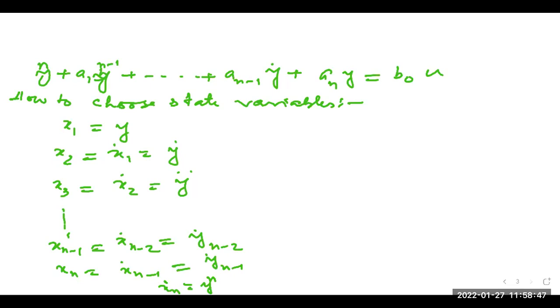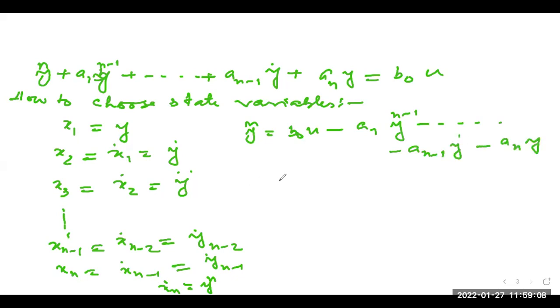Okay, so now what we'll do, this is yn. So yn equal to b0u minus a1 y to the power of n minus 1, minus all this, minus a1 y dot minus a0 y. So what will happen? We'll substitute this thing.